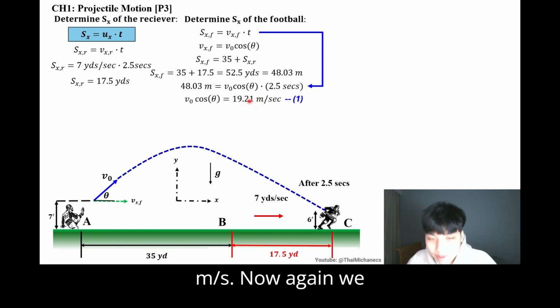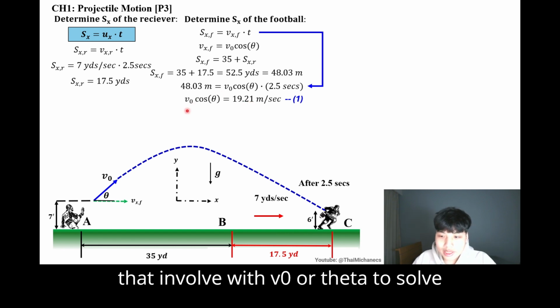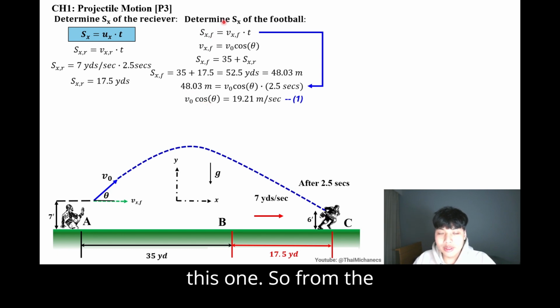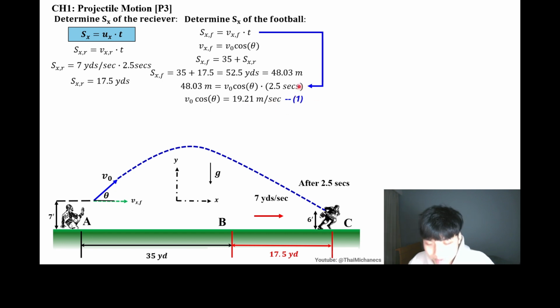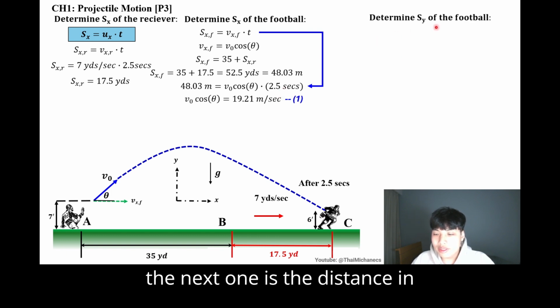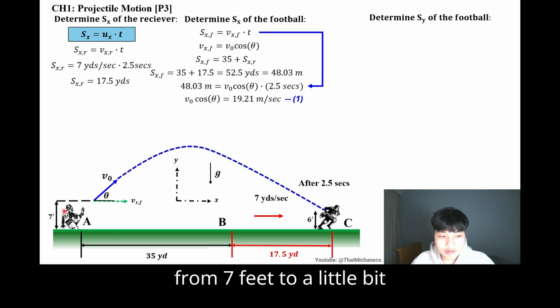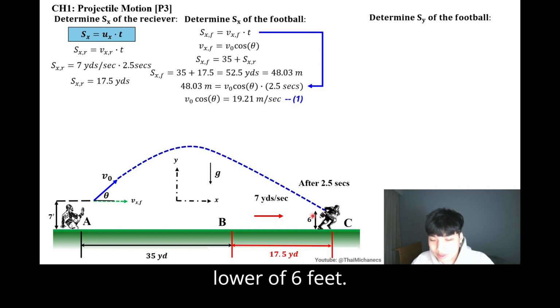Now again, we need one more equation that involves v0 or theta to solve this. From the horizontal distance, we are left with equation 1. Now you may already guess what the next one is: the distance in the vertical axis. In the vertical axis, it goes from 7 feet to a little bit lower, 6 feet.